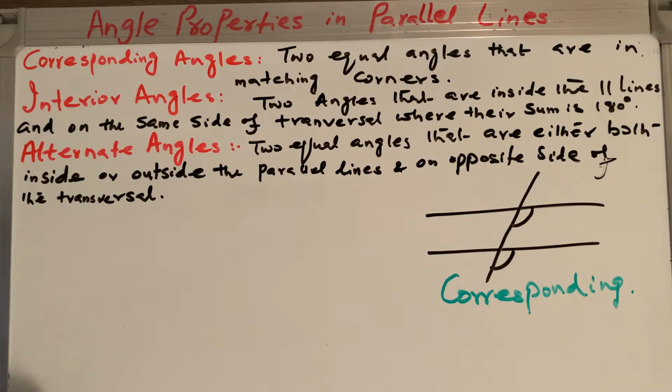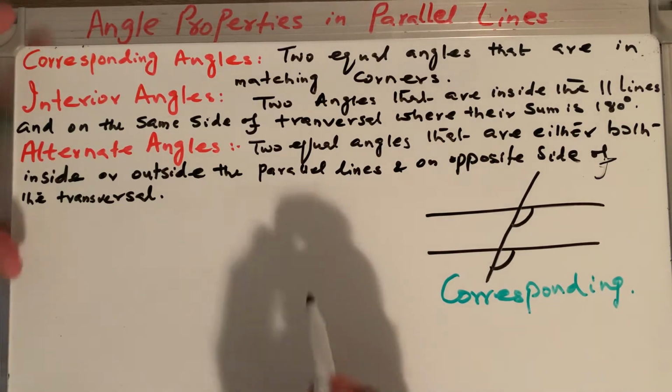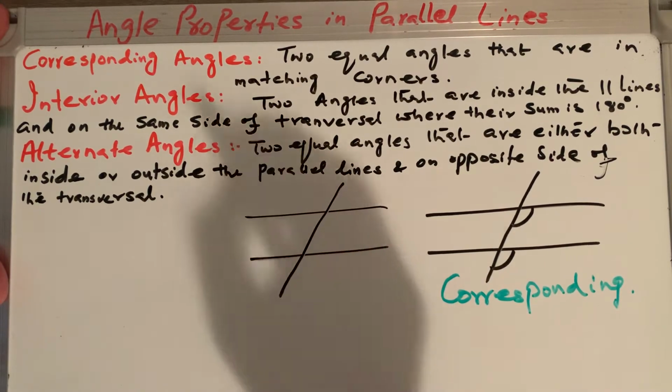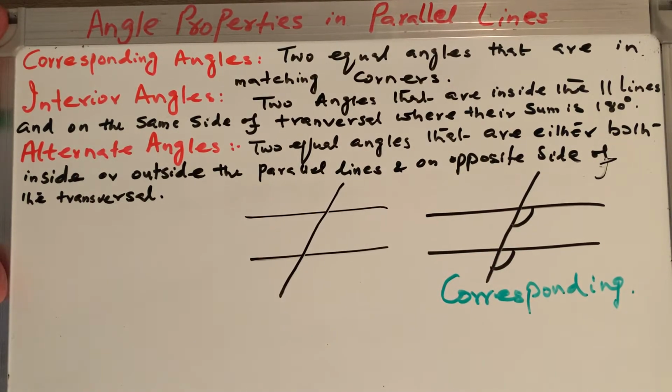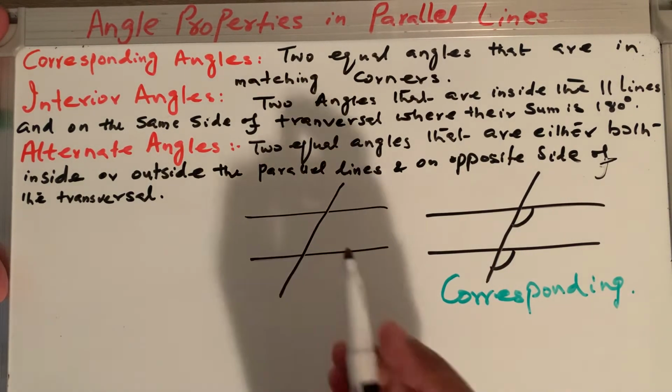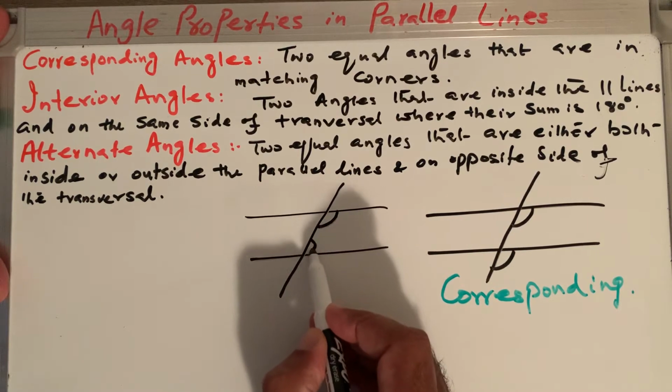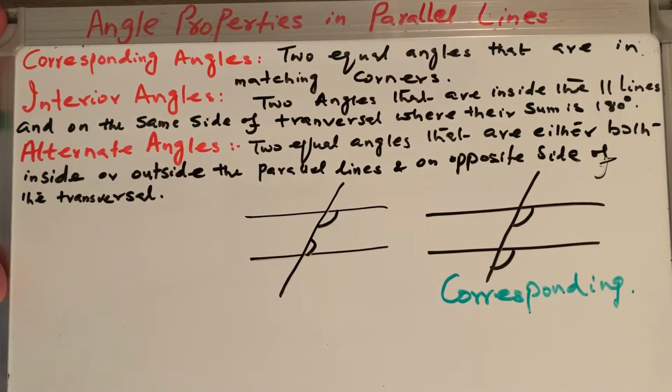Then we have interior angles. Two angles that are inside the parallel lines, right? So these are the two angles which are inside the parallel lines.